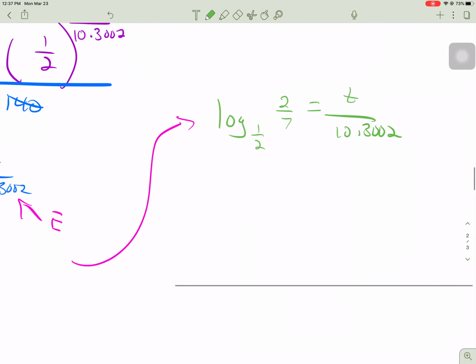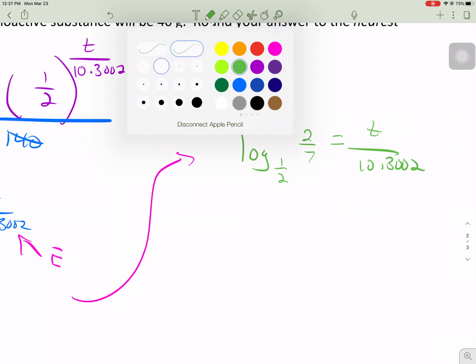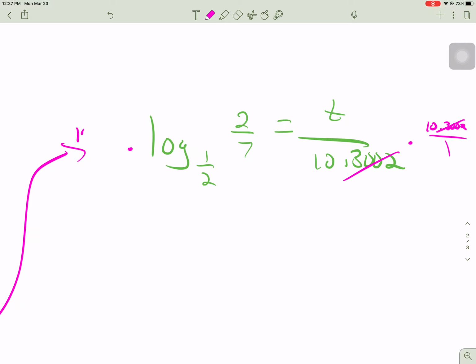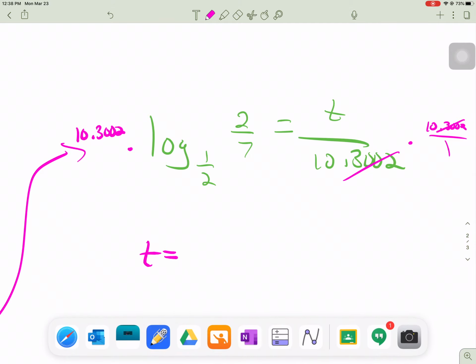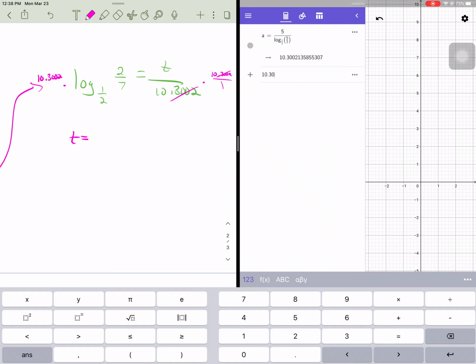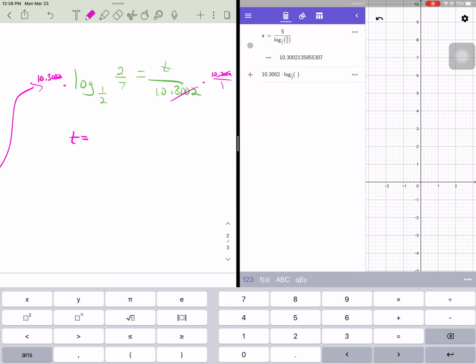Okay, solve for t. I'm going to multiply this side by 10.3002, and whatever I do to one side, do to the other, 10.3002. So we're going to put this in the calculator and find out what we get. 10.3002 times log base 1/2 of 2/7.